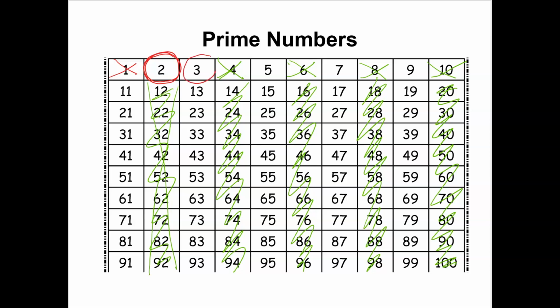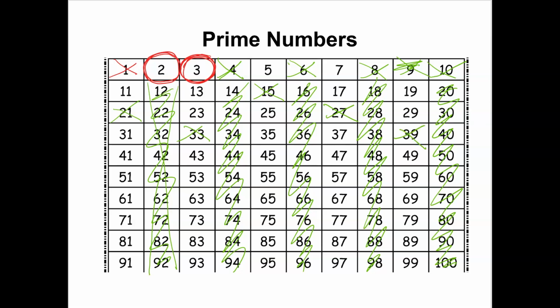3 is prime because it's only 1 times 3, but now I'm going to cross off everything that is a multiple of 3. Well, 6 is already crossed off, 9, 12 is crossed off, 15, 18 is crossed off, 21, 24 is crossed off, 27, 30 is crossed off, 33, 36, 39.